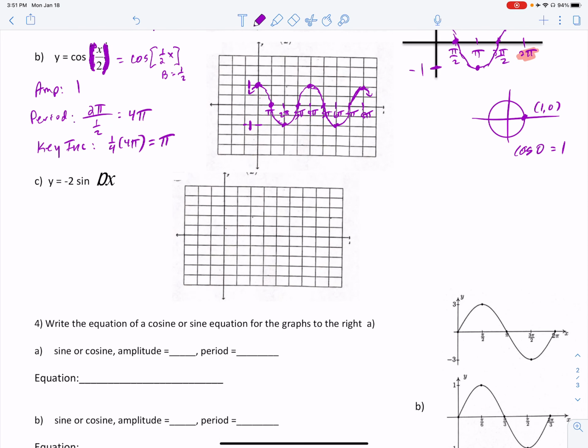All right, so in part C, this is supposed to be y equals -2 sine of pi x. And so there's a reflection in the x-axis, which you just need to remember.